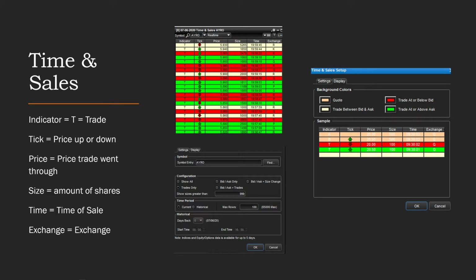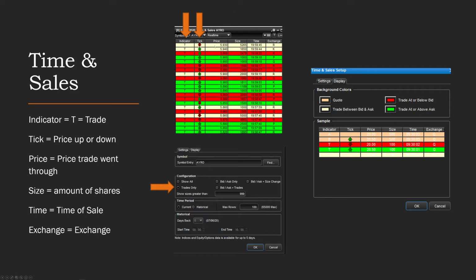In E-Trade, you also need to set your configuration to trades only. Otherwise, it's going to show you bid, ask, size change, and all these other things you don't really care about seeing. Now, this T on the indicator here, all that means is it's a trade. This tick just shows whether it has an uptick or downtick in the price.